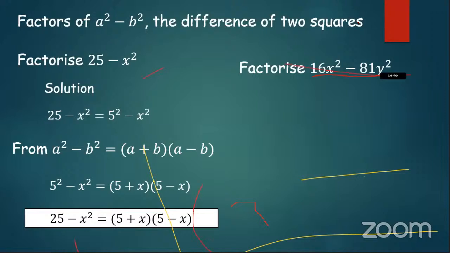Pearl, 4x plus 9y into 4x minus 9y. Stacy, Bonita, Aquilina have the same answer, 4x plus 9y into 4x minus 9y. Okay, so I think our answers are pretty good. They are very nice, they are very correct.